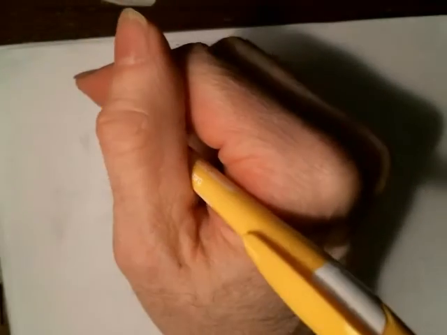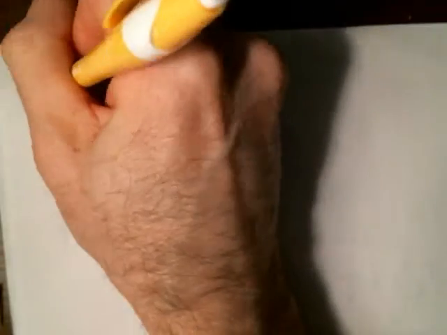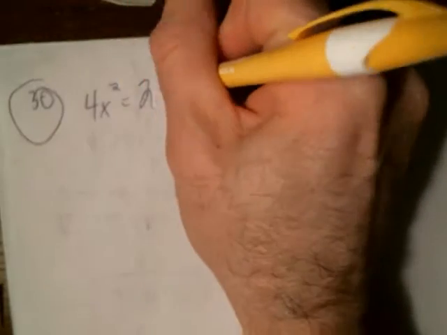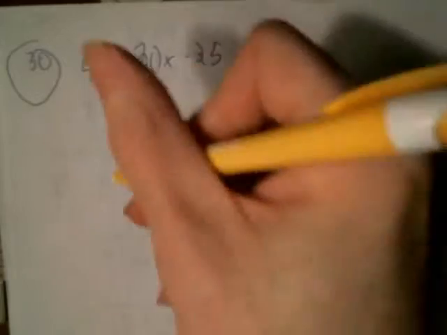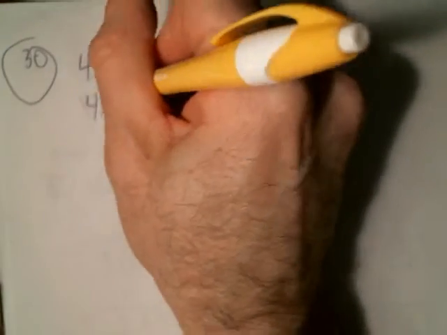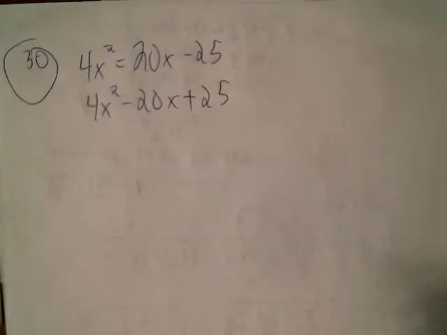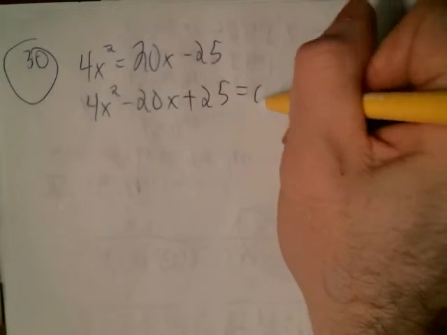Let's take a look at 30. We have 4x squared equals 20x minus 25. As usual, I'll set it equal to 0: 4x squared minus 20x plus 25 equals 0.